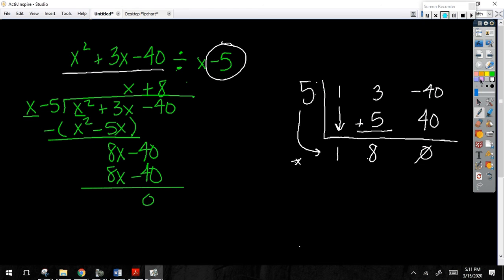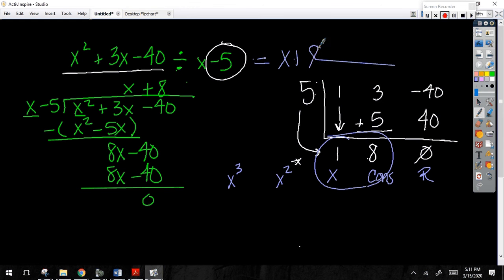Hopefully you can see what these numbers are implying, but just in case you can't, you always start with remainder, constant, x. If I had another column, that would be x squared, x cubed, and so on. So what this says is whenever I divide this, I get 1x plus 8 with no remainder.